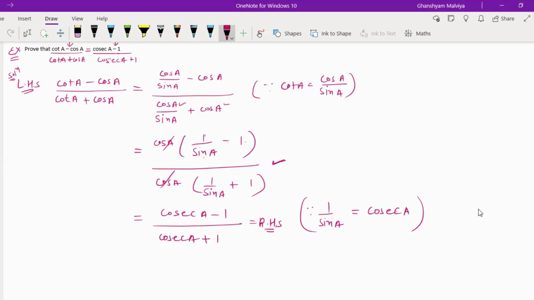So cos A will be cancelled out, and 1 upon sin A is cosec A. So instead of this, I have written cosec A, right? And again 1 upon sin A is cosec A plus 1. That is RHS. Now is it clear, Advaita? Okay, sir. Now we start another example.